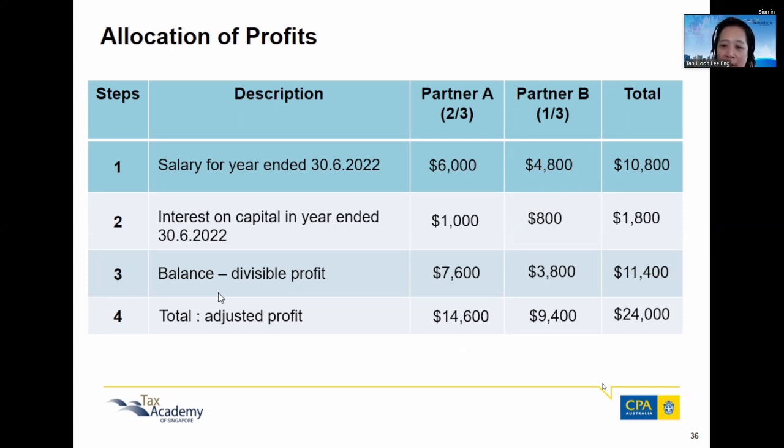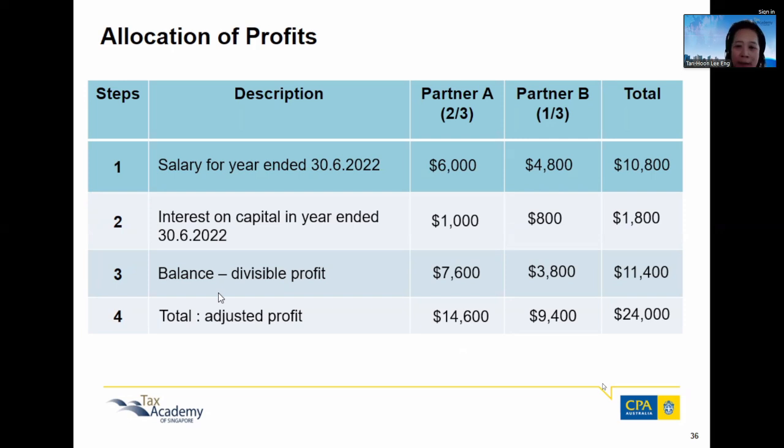Then with this 11,400, look at the sharing basis, which is 2/3 and 1/3. So 2/3 of 11,400 is 7,600. 2/3 will go to partner A as his share of profit, and 1/3 will go to partner B as his share of profit.